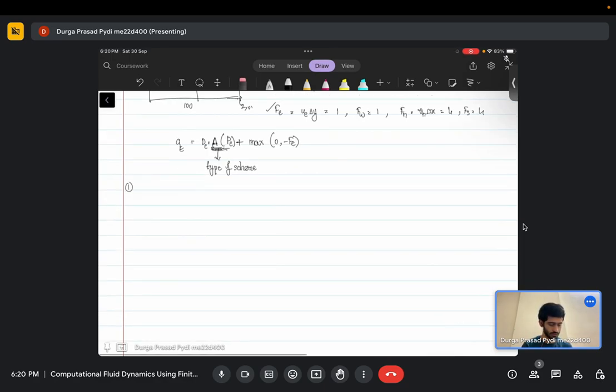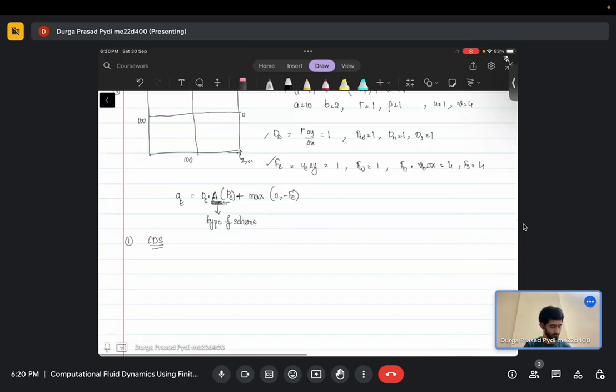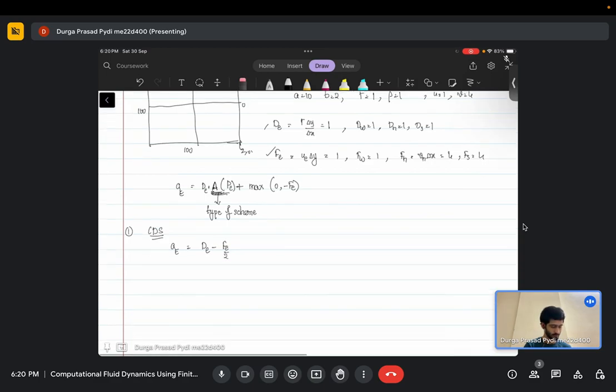So first one is CDS. If you were to write the central differencing scheme, A east is d little e minus fe by 2. If I compare this with the above formula, I can write this as dE times A of PE plus max of 0 comma minus fe.